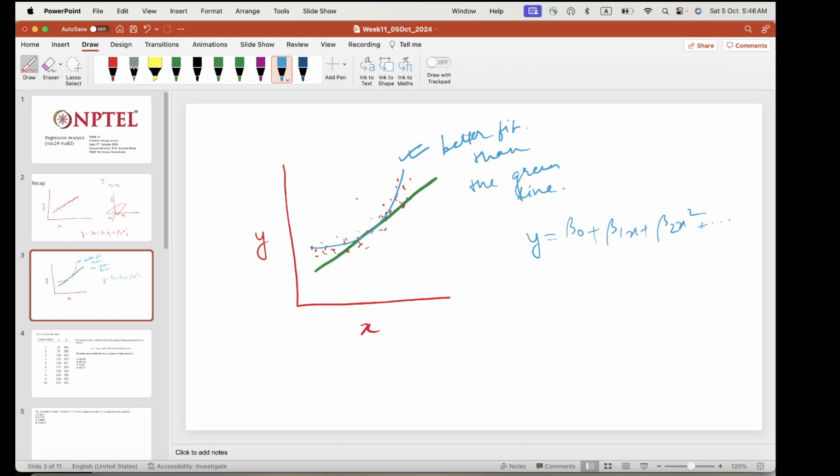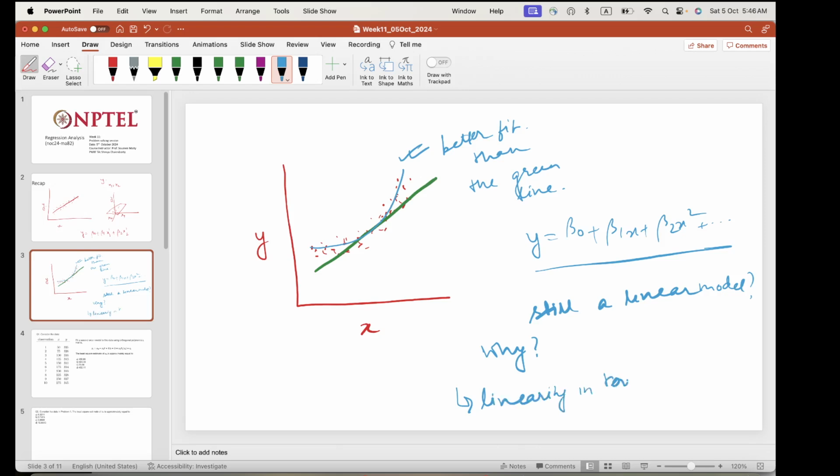Now be very careful. This model is still a linear model. Why is that? Because we always talk about linearity in terms of the parameters. Here we see beta naught, beta 1, beta 2. These are all linear.